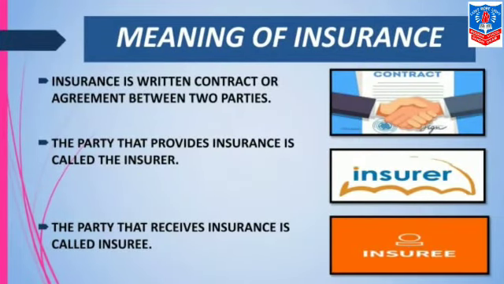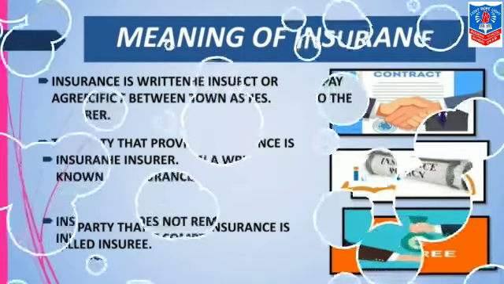What is insurance? Insurance is a written contract or agreement between two parties. The party that provides insurance is called insurer, that means insurance company, and the party that receives the insurance is called insuree, that is a person or an institution who takes insurance.